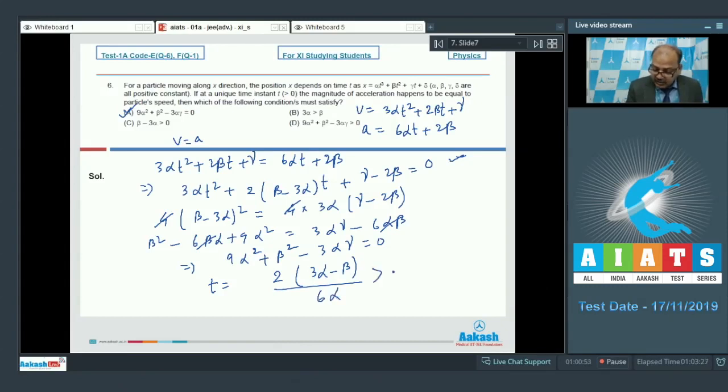Now since this is greater than 0, we get 3 alpha is greater than beta. Which means option B is also correct and option C is incorrect. So that means for question 6, options A and B are correct. Let's now move on to the next question.